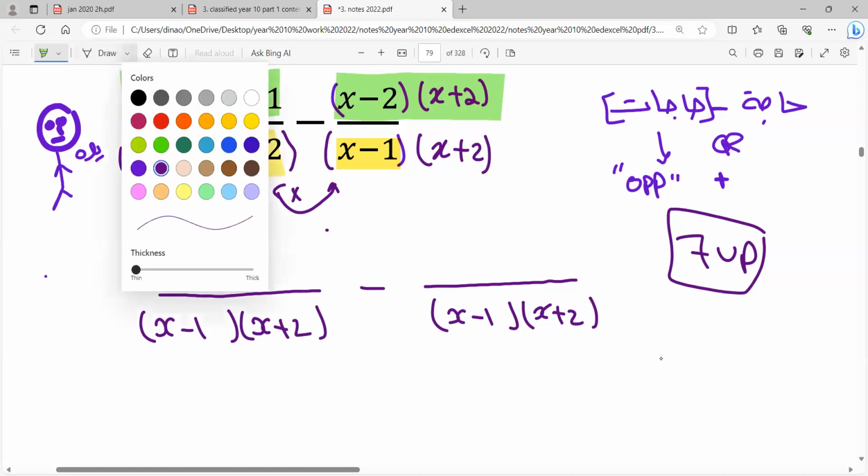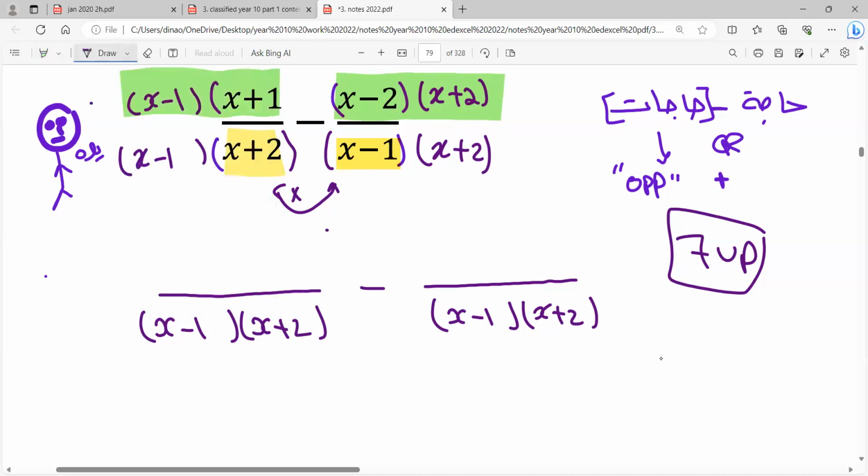How do I multiply? If you remember, we said we do first times first immediately, and then second times second. And you do the same thing with the second fraction. X times x is x power 2 and negative 2 times positive 2 is negative 4.